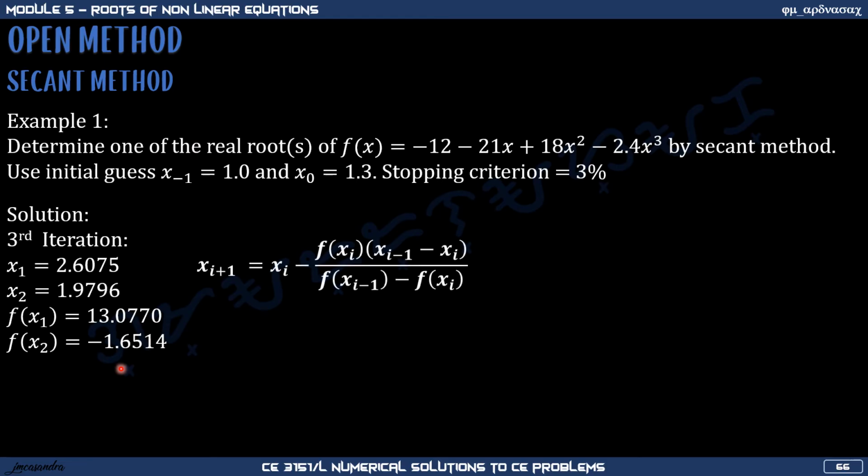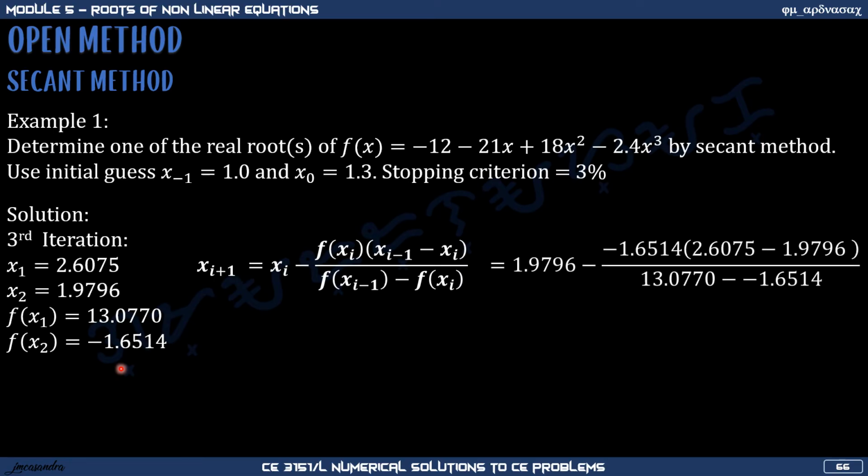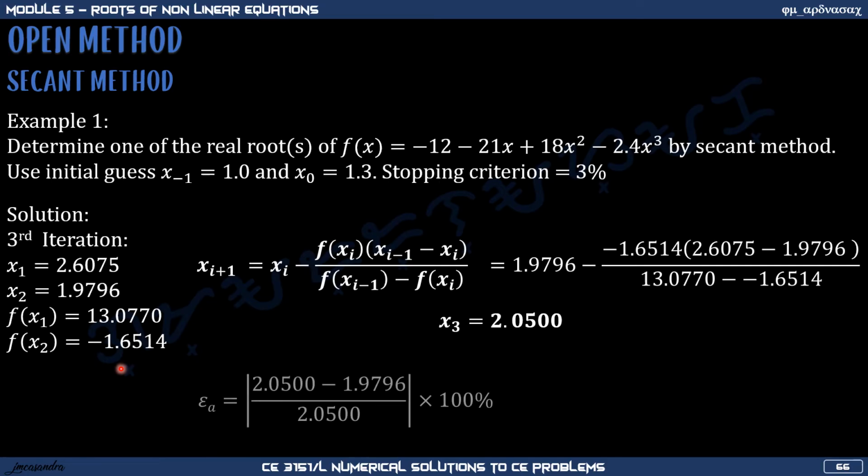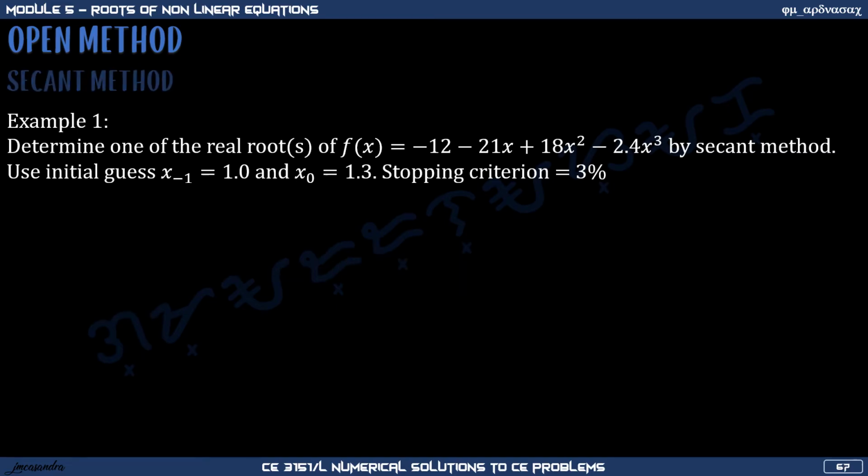Substitute in our equation for our approximate root, which will give us x sub 3 equal to 2.0500. And solving for the approximate relative error, that will now give us a value of 3.43%, which is greater than 3% still. So we have to continue with our iteration.